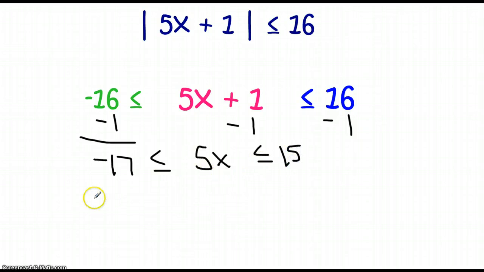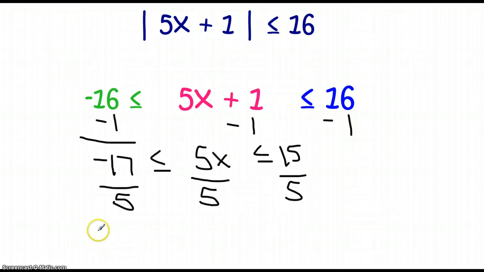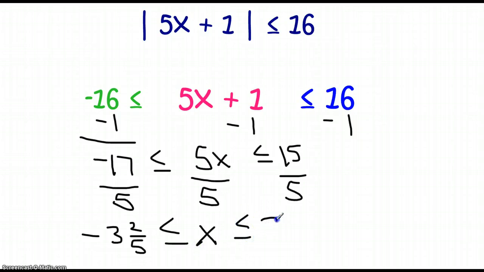And then to finish, we divide each one of our pieces by 5. Remember, on these ones we have 3 pieces, so we're going to divide all 3 parts by 5. So on this end we have -3 2/5, which is less than or equal to x, and that's less than or equal to 3.